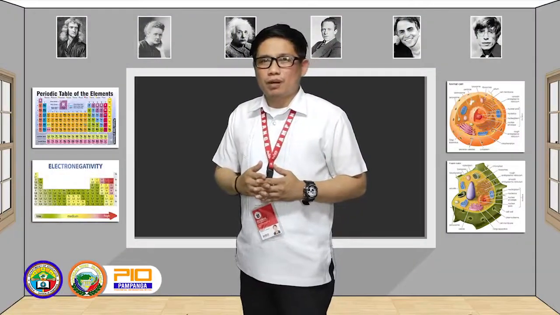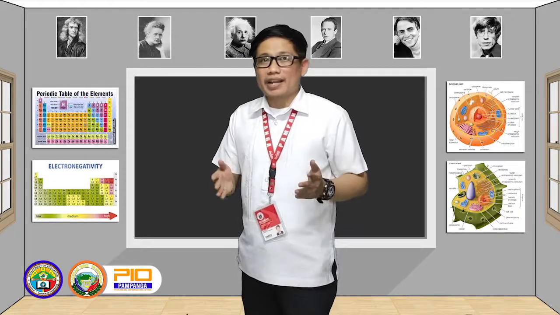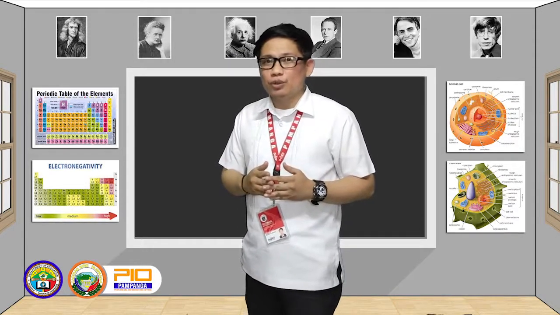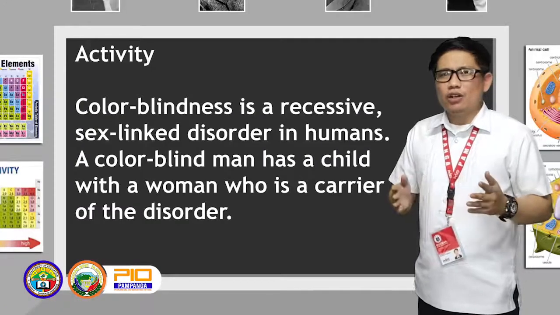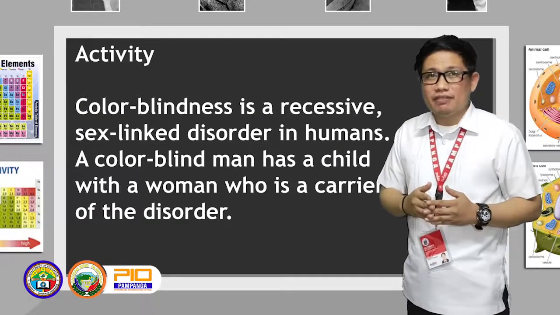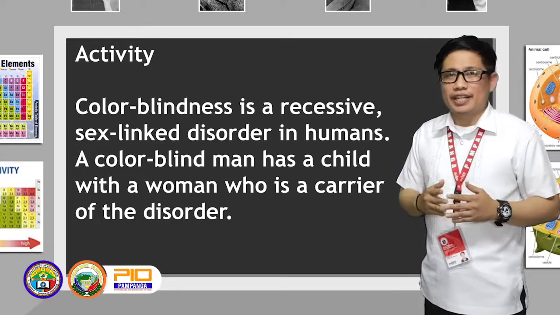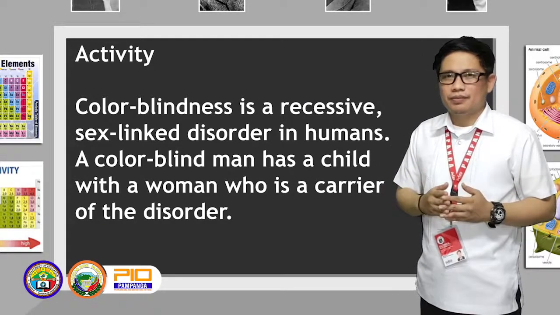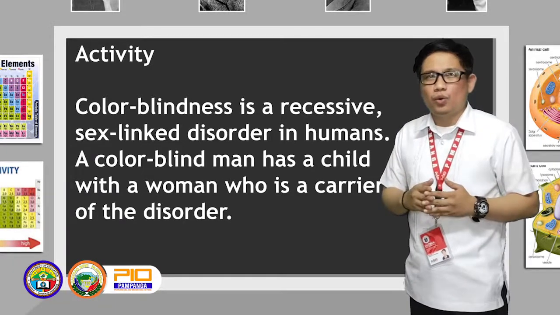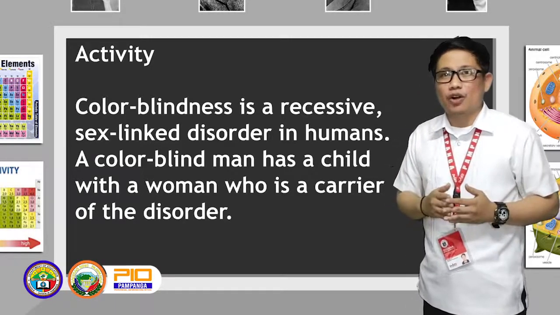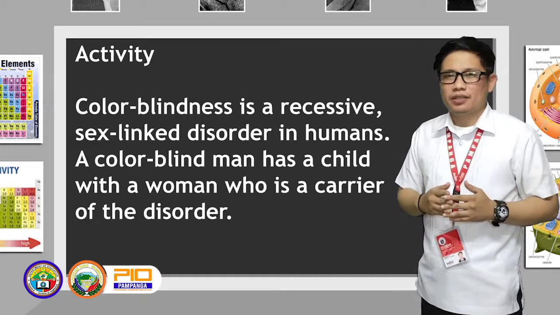Solve the following problem. Write your answers in your notebook or answer sheets. Color blindness is a recessive sex-linked disorder in humans. A colorblind man has a child with a woman who is a carrier of the disorder.